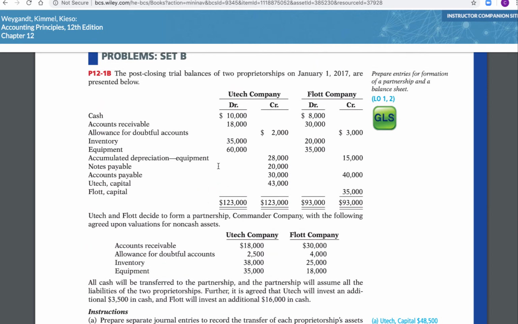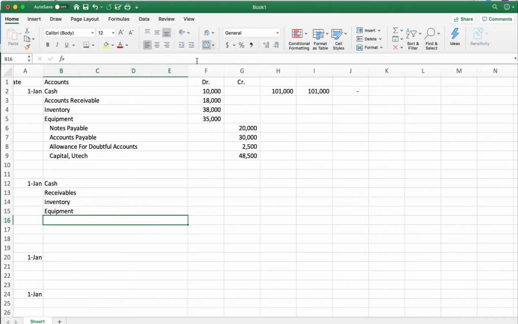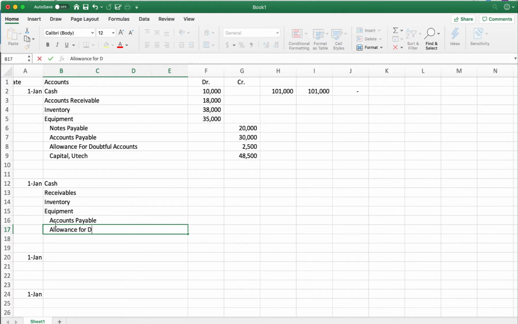Well, Float has no notes payable, but they do have accounts payable of $40,000. Okay. So I need to credit, and remember, indent the credit, the accounts payable. I need to guesstimate what the allowance is. And I also need to calculate what the capital account value is for Float.